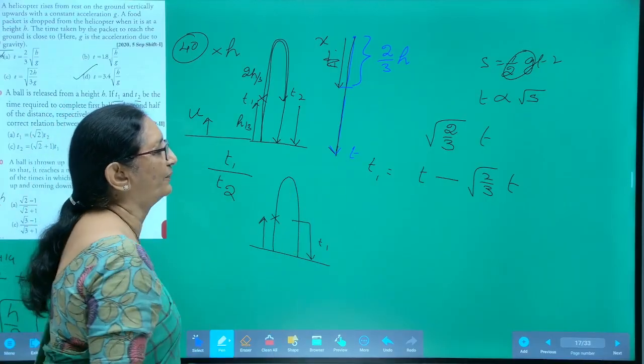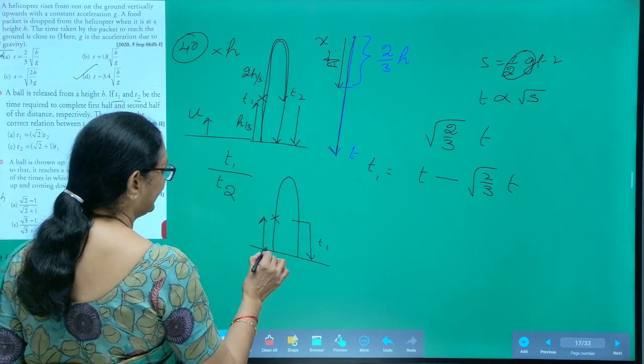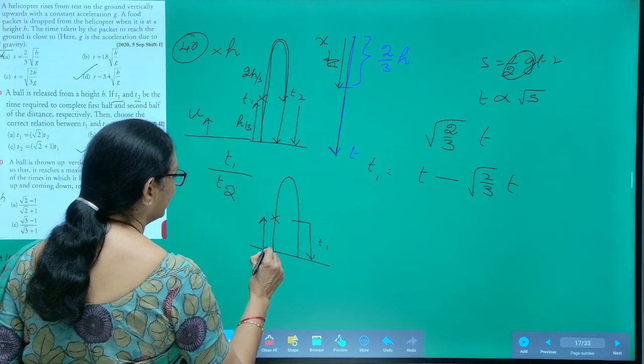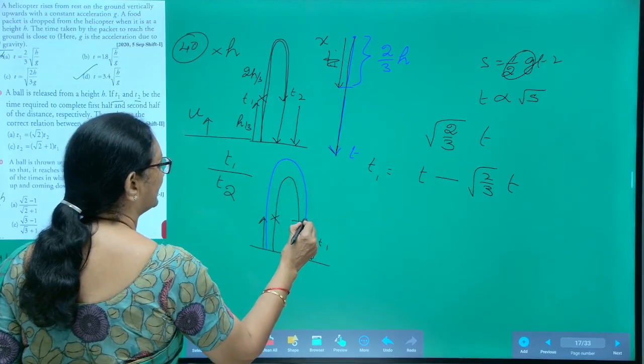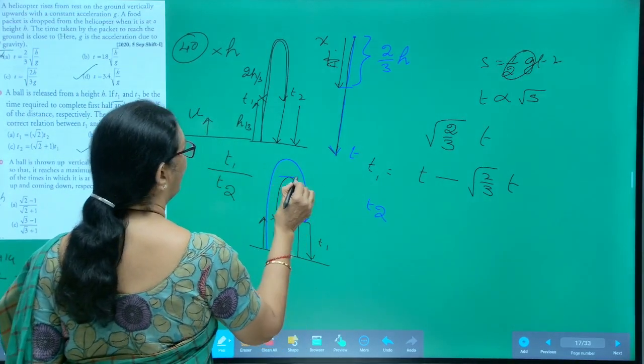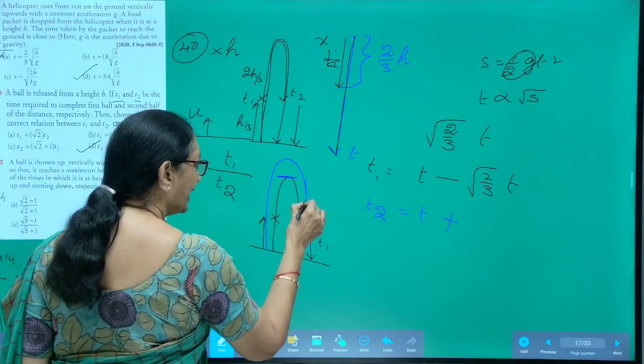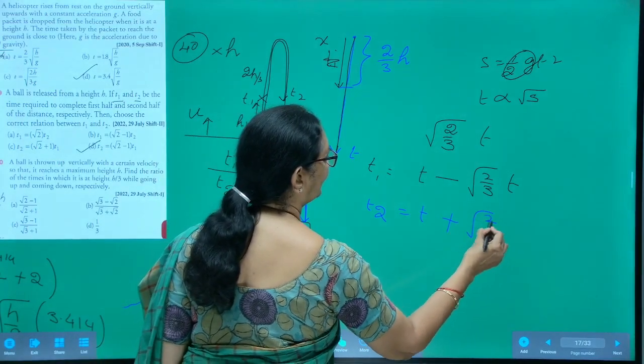So t1 is equal to t minus root 2 by 3 t. Similarly, T2 is the total time taken up to this point. That is, T2 is equal to time of ascent t plus this time root 2 by 3 t.